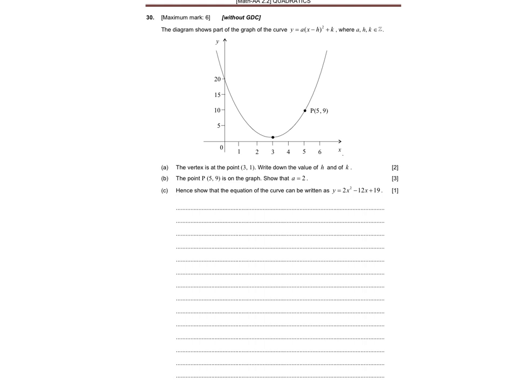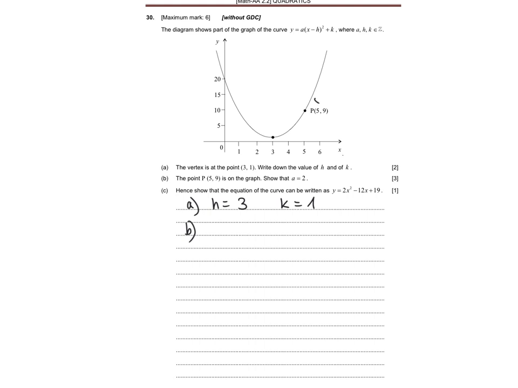So for 30, we've got this in vertex form. The vertex is, okay, so clearly H is 3, K is 1. The point on the graph shows that A is 2. Okay, so we have 5, 9.